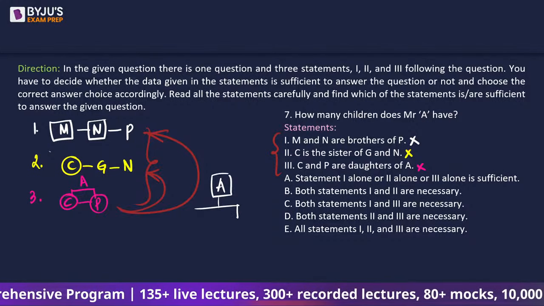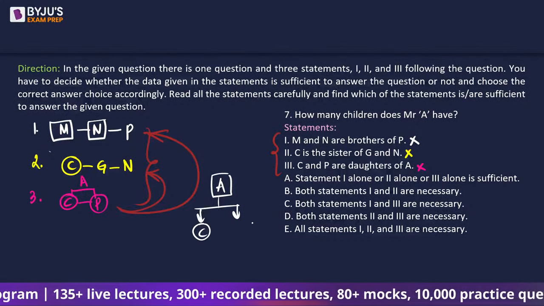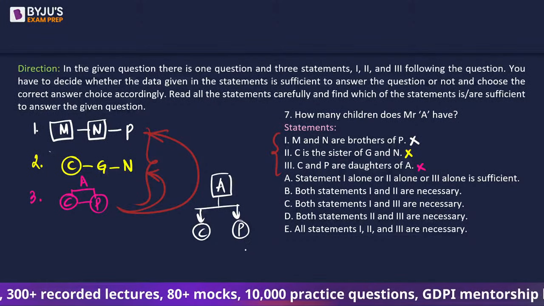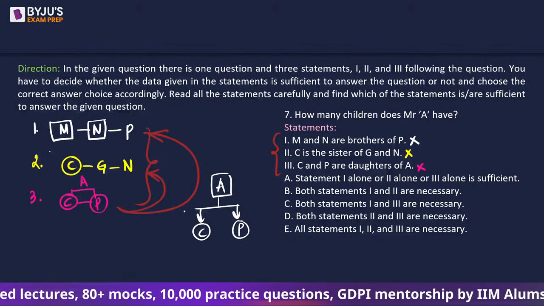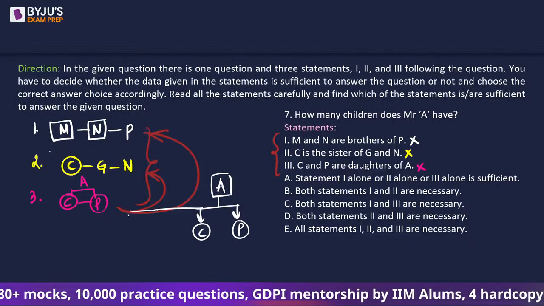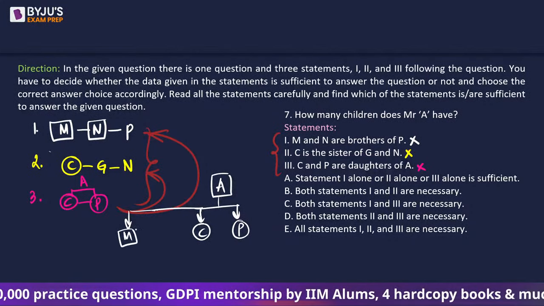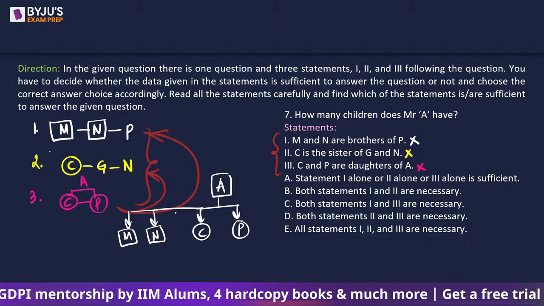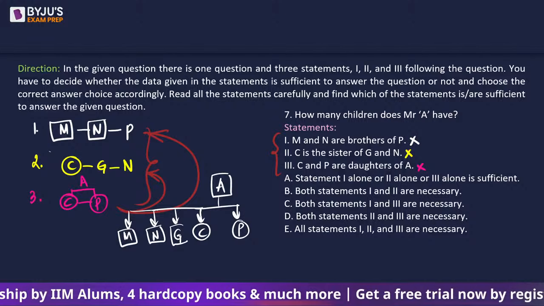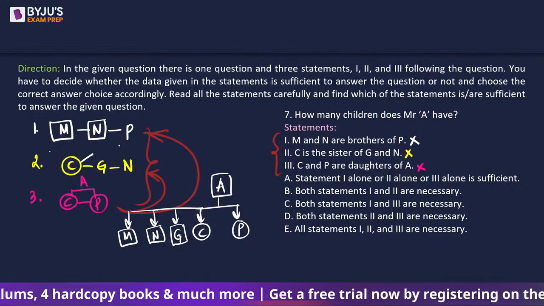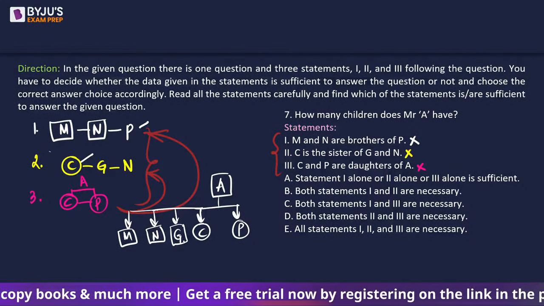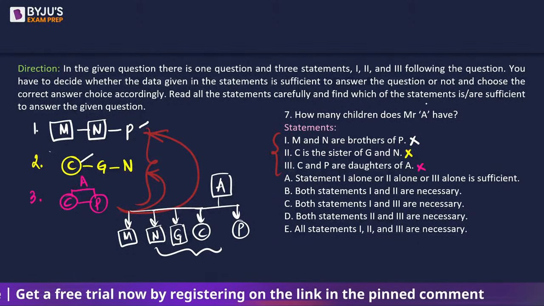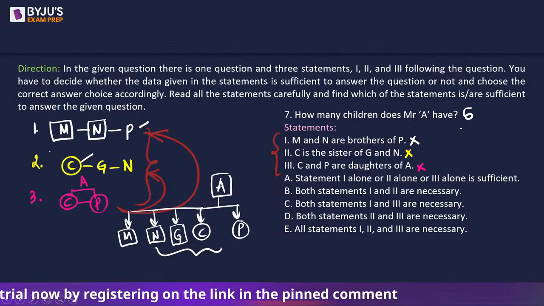So A has 2 daughters, C and P, and then everybody else is male, so A will have a son M, N, and G is left. G is also going to be a boy because only C and P are female, right? So everybody else is male. So combining all three of them, we will be able to answer that they have 5 kids.